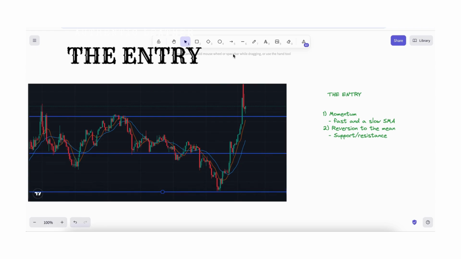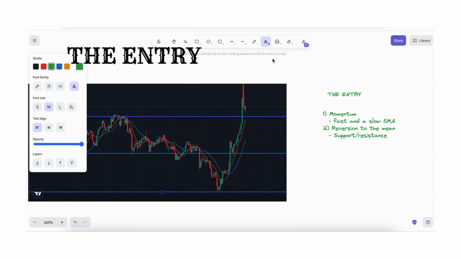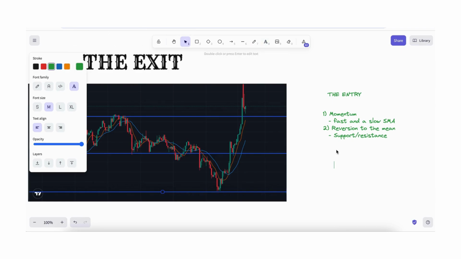Why is that not everything? You need to think about the entry, but then you also need to think about the exit. Where do you exit a trade? And that is actually an even more important point. I think some of these strategies will actually yield you more than a 50% chance of winning a trade if you use some variation of this SMA or support resistance strategy with some nuances.